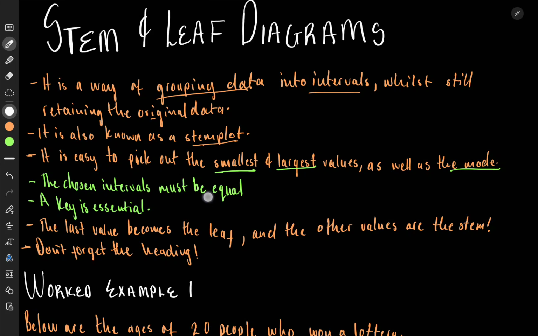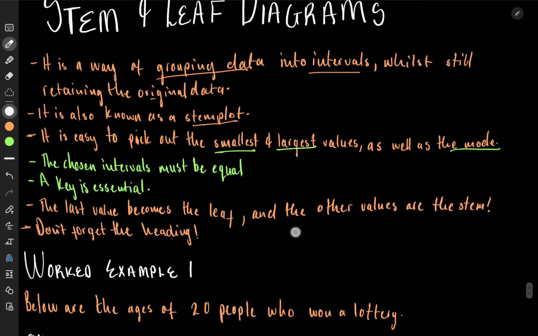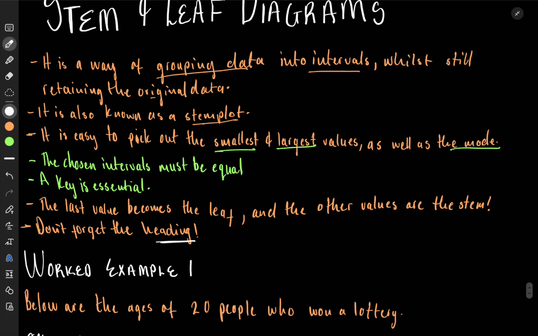The first thing is that you should never ever forget the heading. When you're doing a stem and leaf diagram, something that is very easy to forget is a heading. It always should have a heading. We'll see when we do how you easily pick up the heading. Another thing you must always do is choose your intervals.